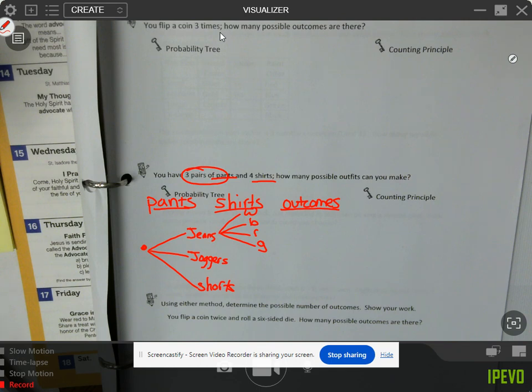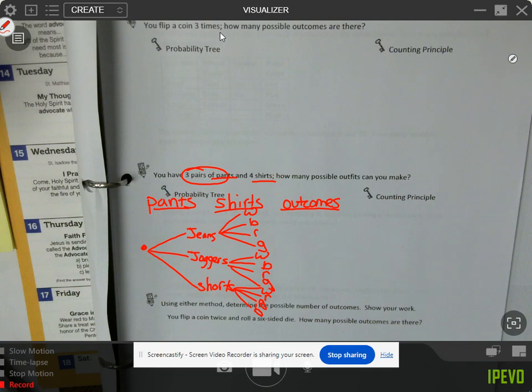Now I'm putting on joggers. How many shirt outcomes are there? 4. So with the joggers, I could wear white, blue, red, or green. Same thing with my shorts. I could wear white, red, green, or blue. I put it in a different order, it's the same colors.